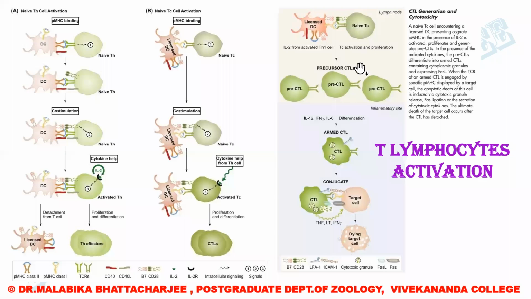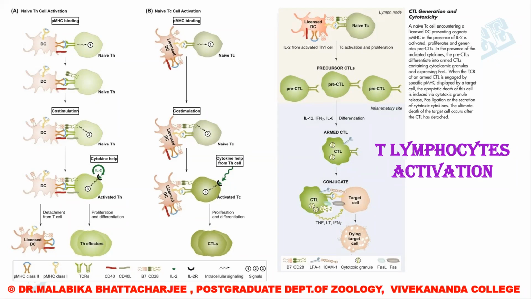So now coming to the T cytotoxic cells and their function, we saw the activation of the T cytotoxic cells to the cytotoxic T lymphocytes. If we look at the cytotoxic T cell responses, they occur through 5 stages.